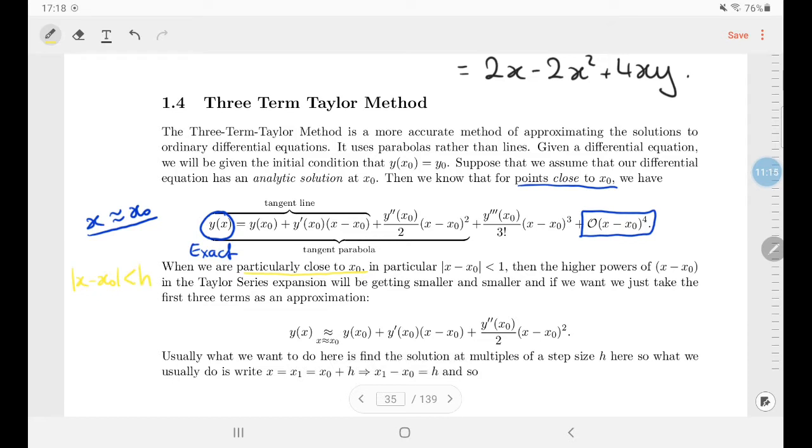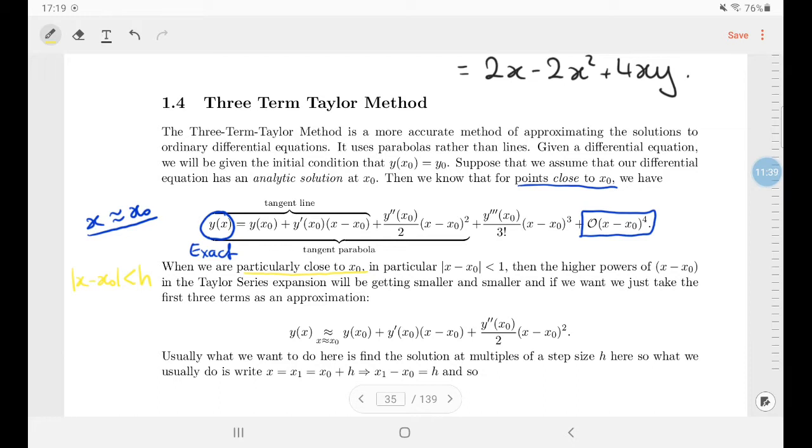That's all that means. Now it says in particular less than 1. That is relatively important, but not strictly. Then the higher powers: if these are h's and say h is 0.1, this will be a multiple of 0.1 to the 4, which is just a multiple of 0.0001. Now that multiple could be big, but in general we'll be hoping it isn't.